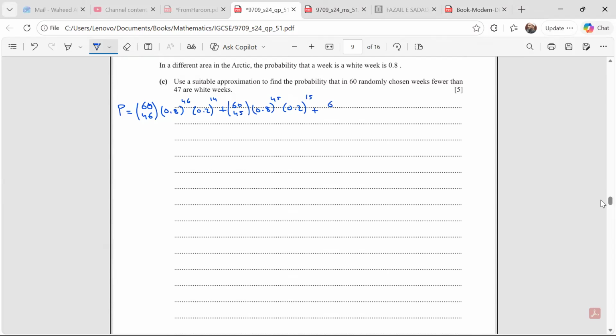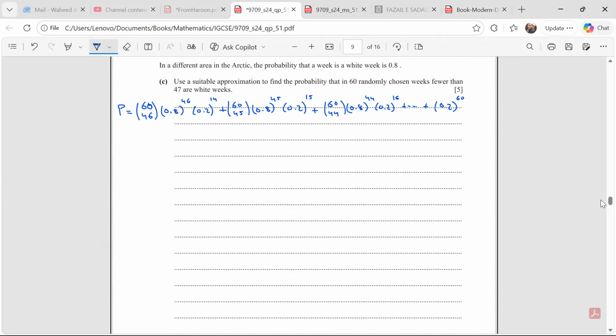So it is 60 combination 44, 0.8 to the power 44 and 0.2 to the power 16, and so on until your last term is going to be 60 combination 60, which is 1, 0.8 to the power 60 becomes 0.2 to the power 0, so it is nothing. Okay, so you have to calculate this quantity.